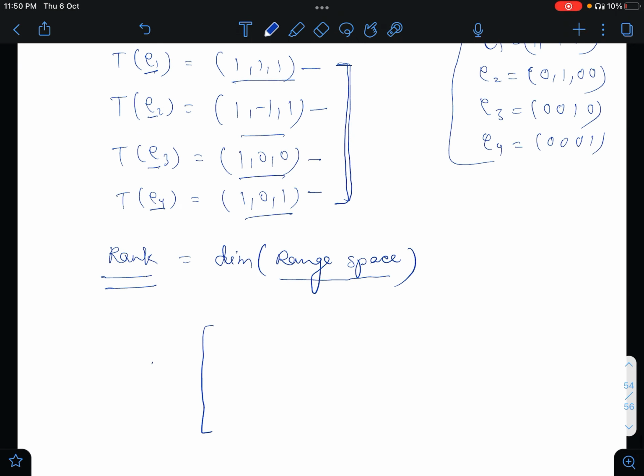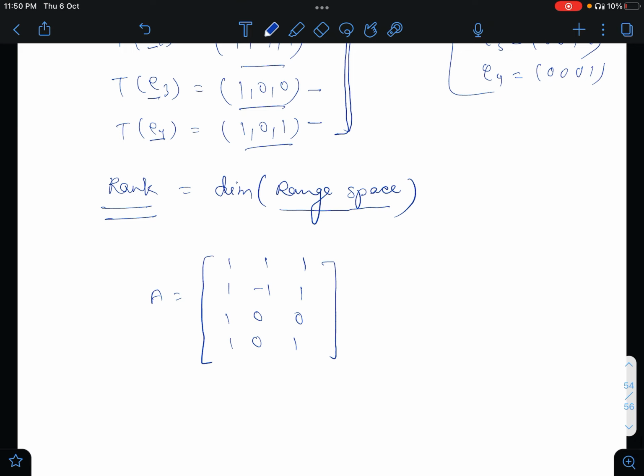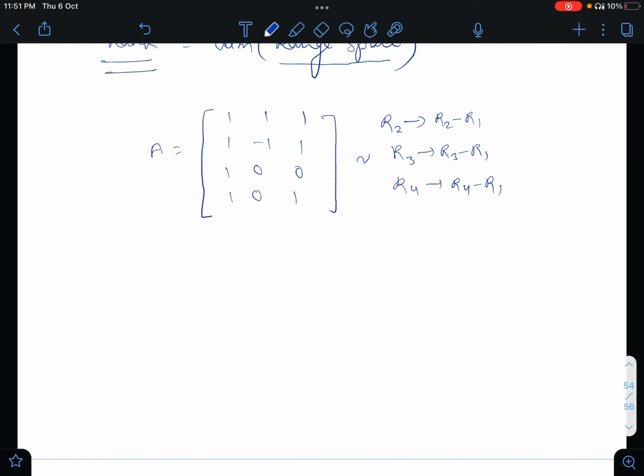For that, let A be the matrix formed by these vectors as row vectors: [1, 1, 1; 1, -1, 1; 1, 0, 0; 1, 0, 1]. Now we reduce it to row reduced echelon form. Apply the row operations R2 to R2 minus R1, R3 to R3 minus R1, and R4 to R4 minus R1.